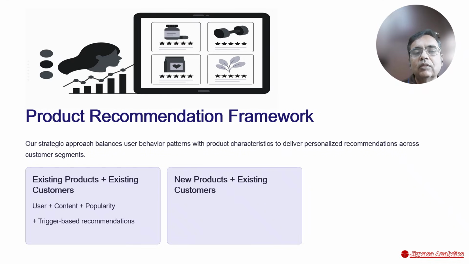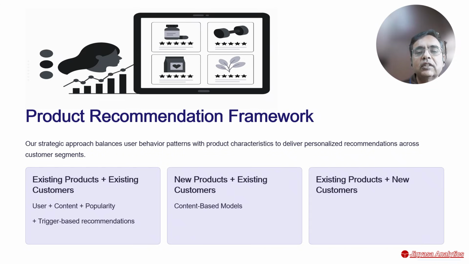That new products are being introduced and being offered to the customers. So we used content-based models because those look at product similarities in making the recommendation, so they were the most appropriate for this. And then for existing products, new customers, so these would be people with no history, we used popularity based models to make our recommendation.